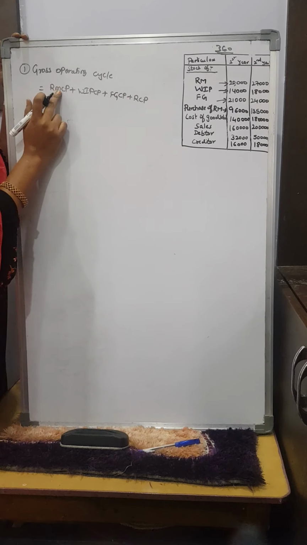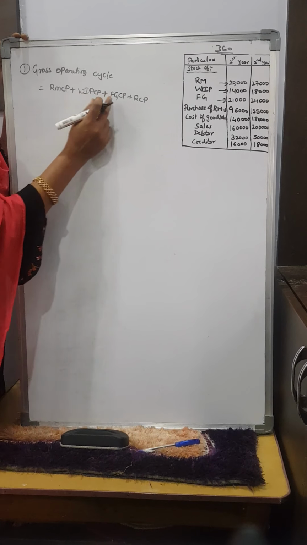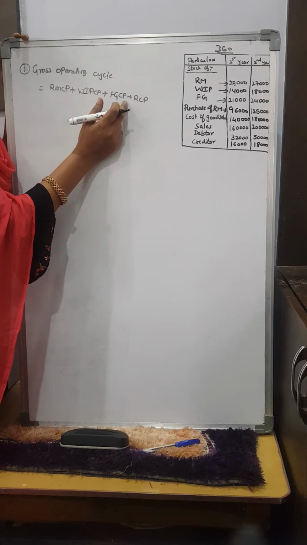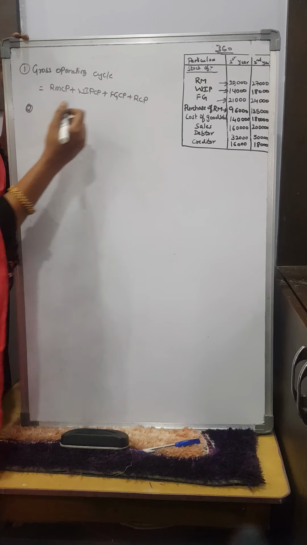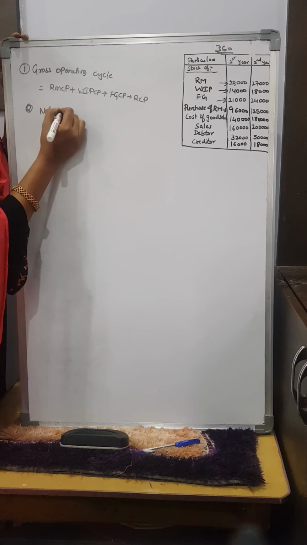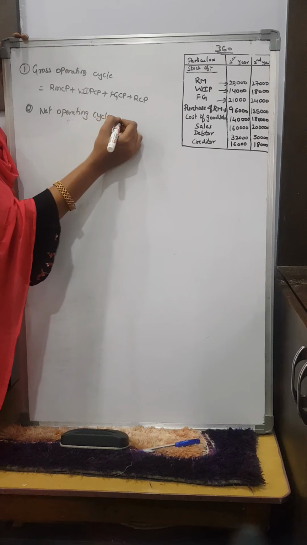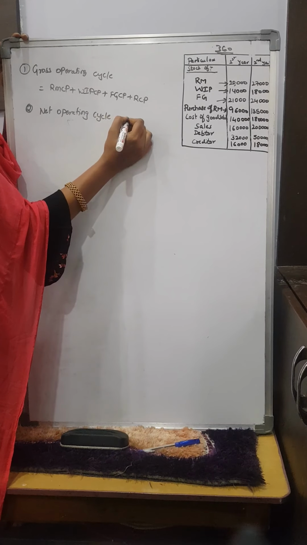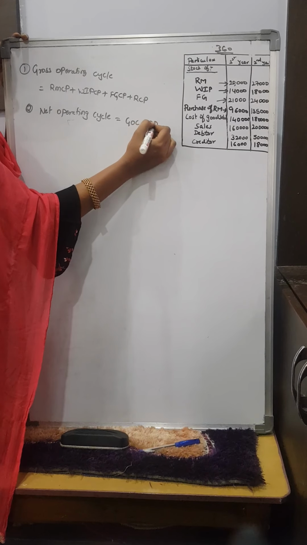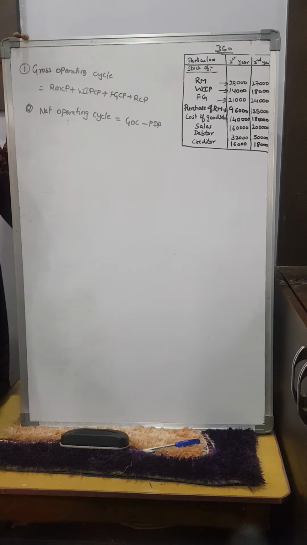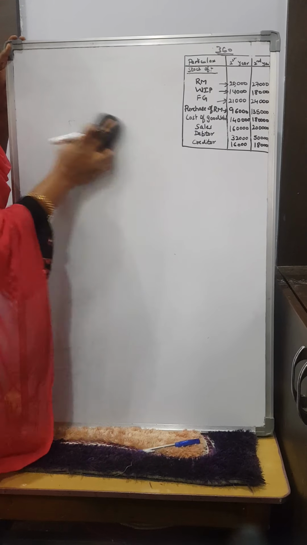Once we calculate all these, we need to calculate the net operating cycle. The formula is: gross operating cycle minus payable deferral period. So let me take the formulas one by one.